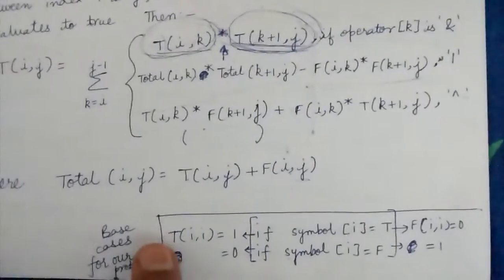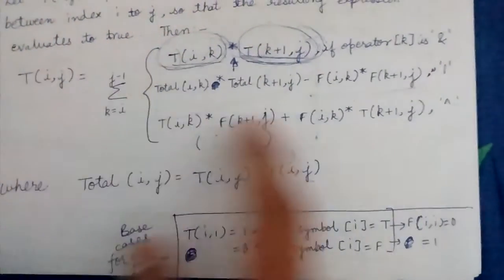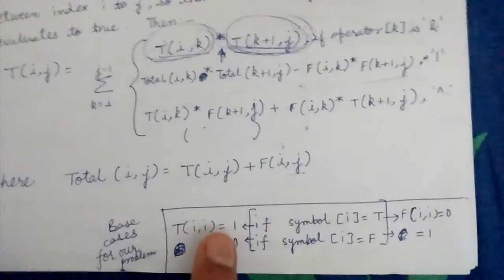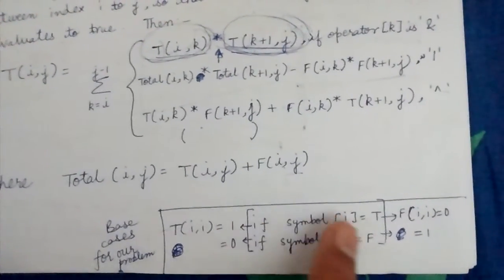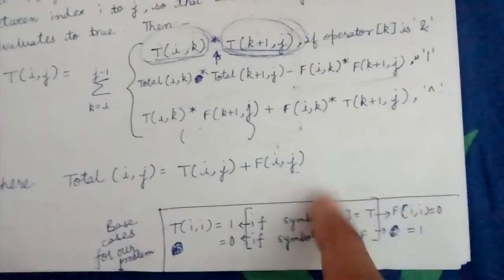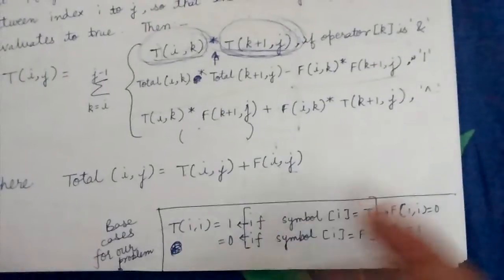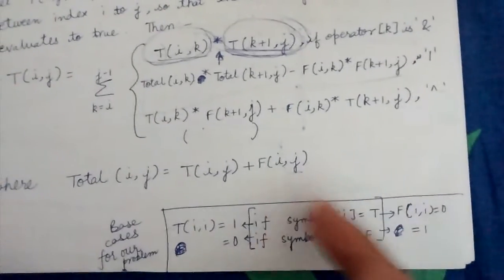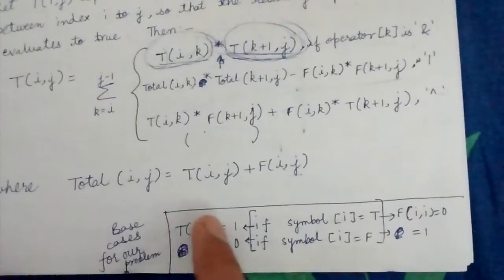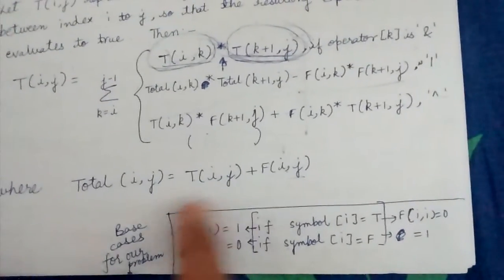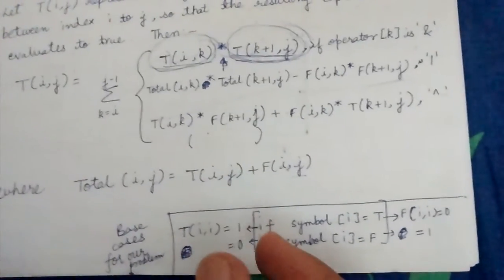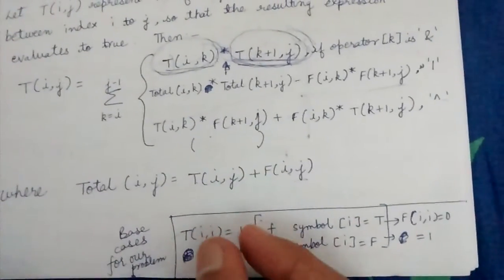And the base case here is, this is the recursion formula and this is the base case. T[i][i] is equal to 1 if symbol i is equal to true. If the ith symbol is true, there is no way in which we can parenthesize actually. So if it is true, then T[i][i] is equal to 1. From ith to ith index, it can't be parenthesized so that the value evaluates to true in more than one way.